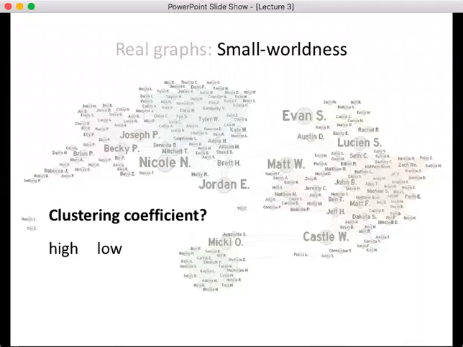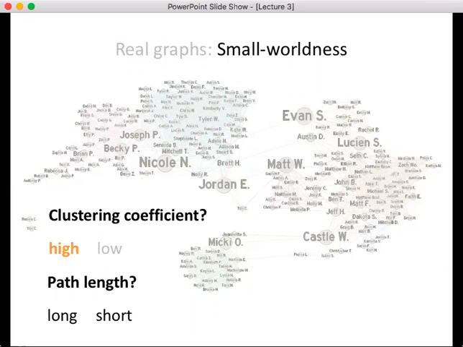You are correctly saying in the chat that it is high. Why is it high? Essentially, because typically there are communities of friends where people know each other. Your high school friends all know each other and are friends with each other. This creates a very high clustering coefficient. Very different from random graphs.